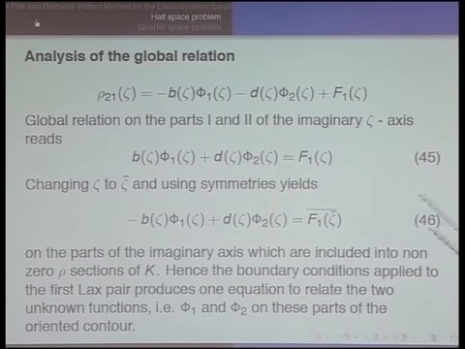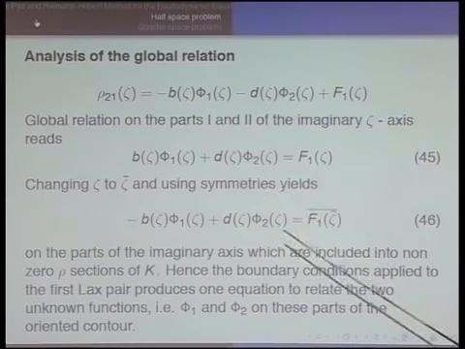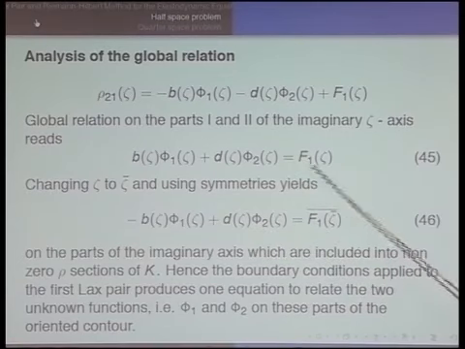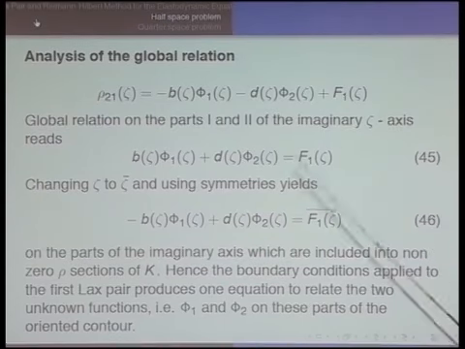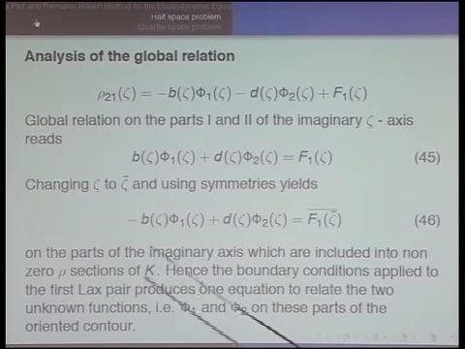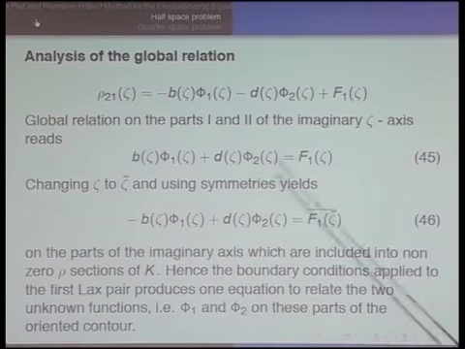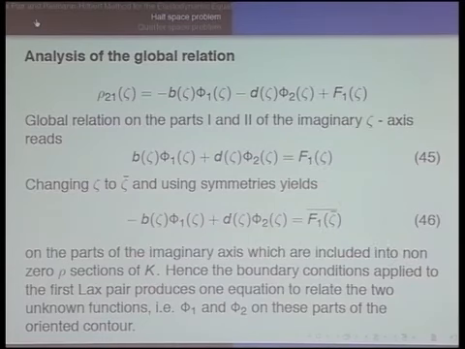That's why we use symmetries. Oh, here it's once again the expression for the jump and the global relation. On that slide, yeah, and what we are doing now, we are moving the global relation, the equation which relates the unknown functions from these parts and from these parts to the parts where we need them.